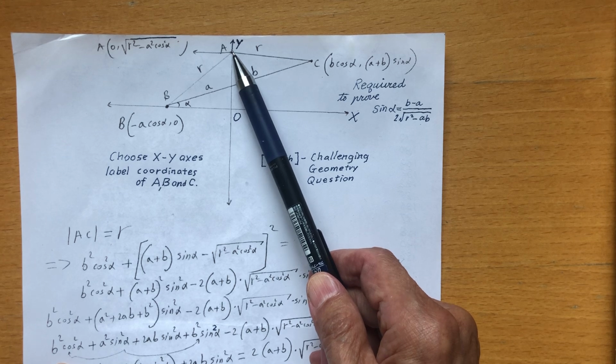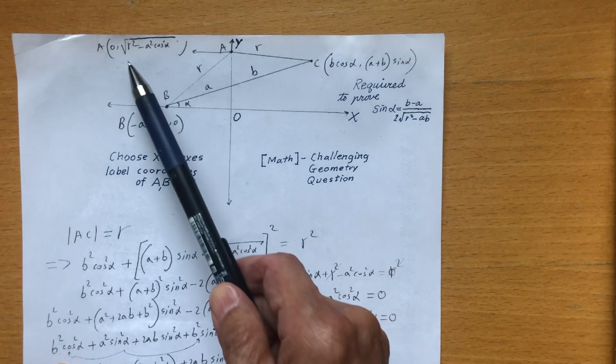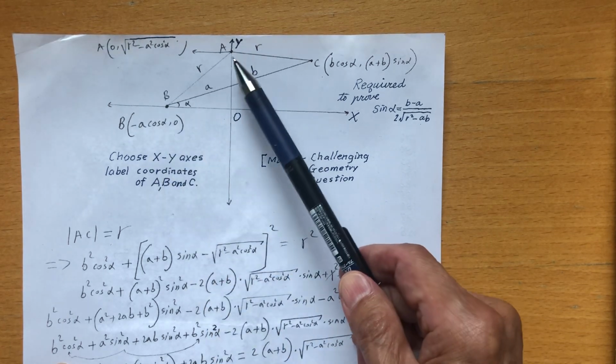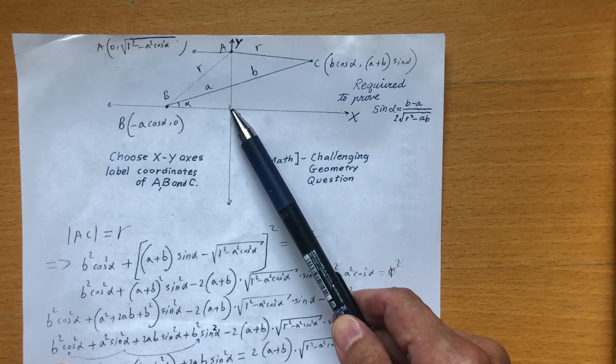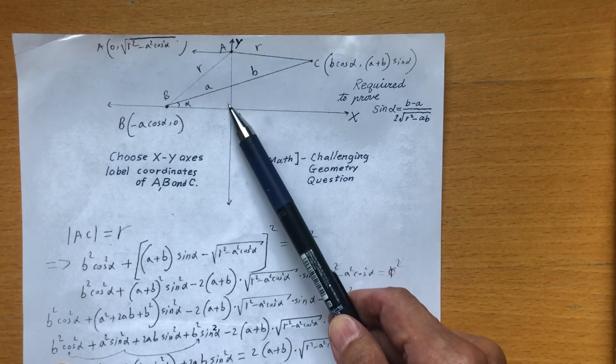The x coordinate of A should be 0, so it's 0. The y coordinate of A should be this distance.